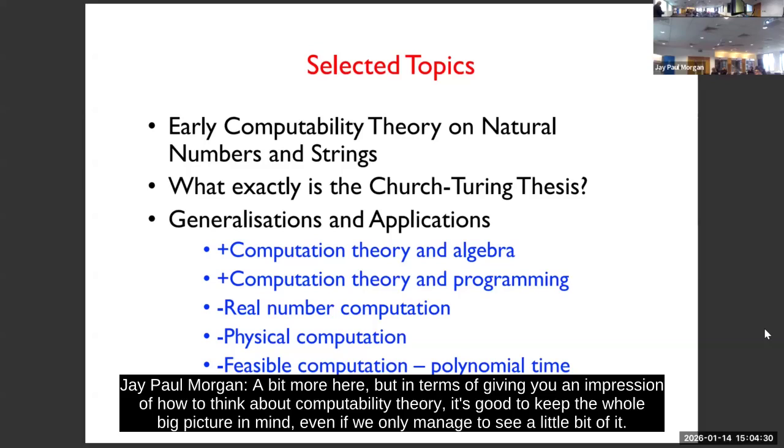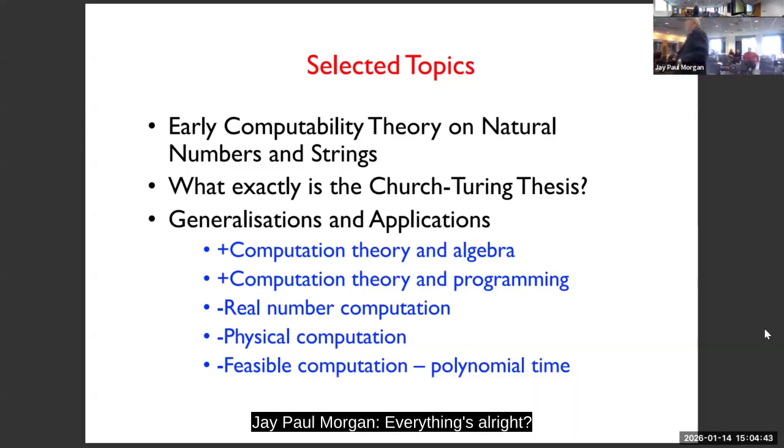So I disciplined myself a bit more here. But in terms of giving you an impression of how to think about computability theory, it's good to keep the whole big picture in mind, even if we only manage to see a little bit of it.